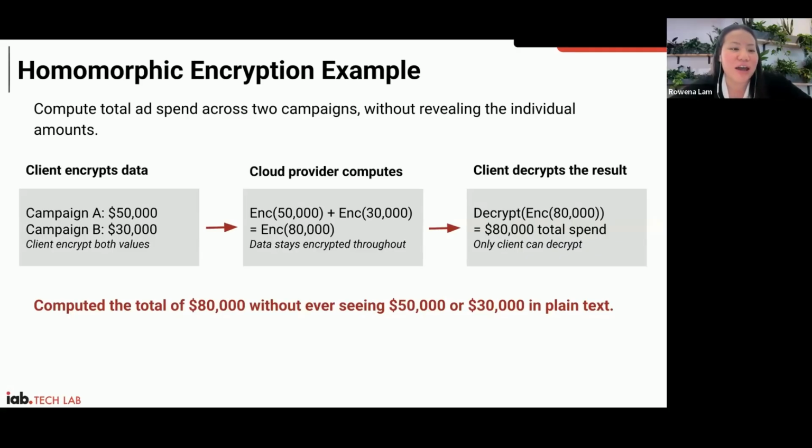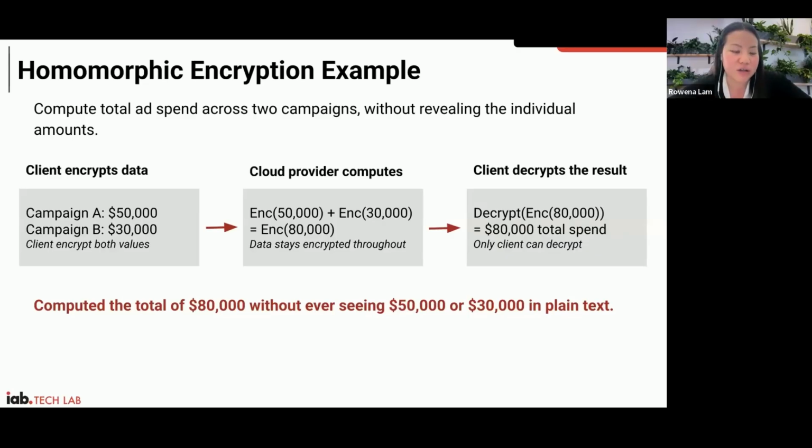So in this example, I have two entities. There's an advertiser and we'll say a cloud provider. And let's say that the advertiser wants their cloud provider to process certain information about campaigns that they're running. In this example, they want to understand total ad spend. So the advertiser would use homomorphic encryption to encrypt this raw data set before they actually give it to the cloud provider.